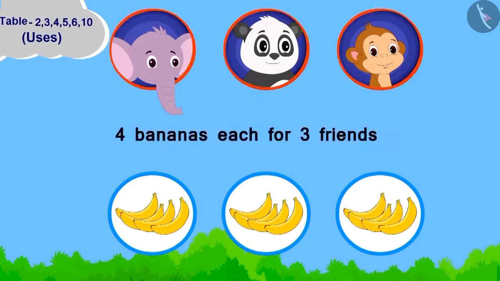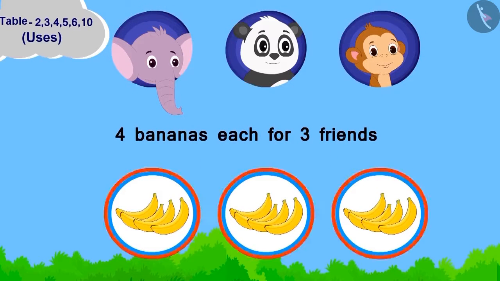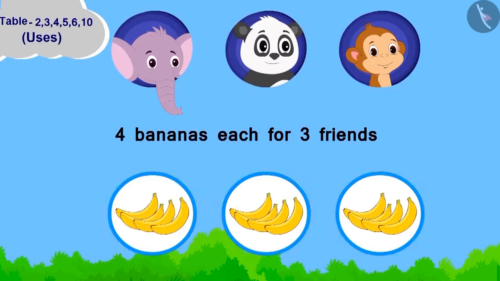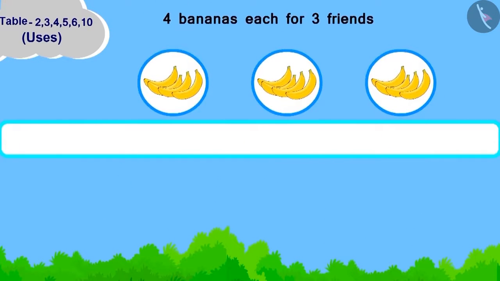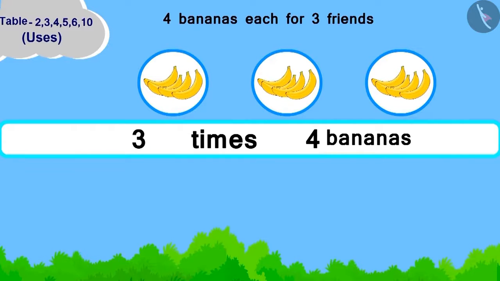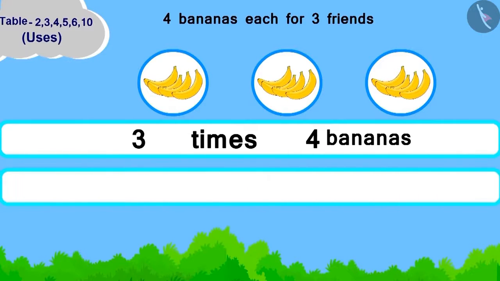4. Chanda has to take 4 bananas each for 3 friends. We can write it like this: 3 times 4 bananas. Now, how will we write it in the form of multiplication? 3 multiplied by 4.